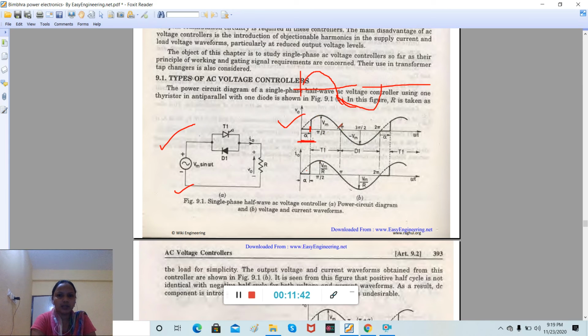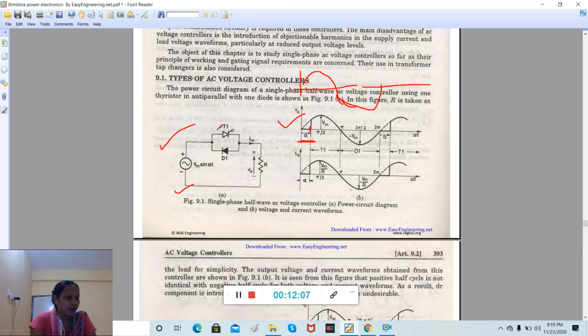Once the positive half cycle is completed at angle pi, the thyristor is reverse biased, because after pi the negative half cycle occurs. So once the negative half cycle appears at this point, the thyristor gets reverse biased and turned off.